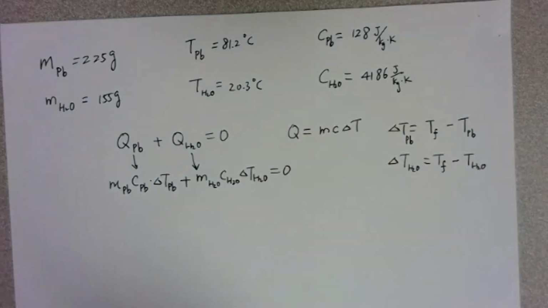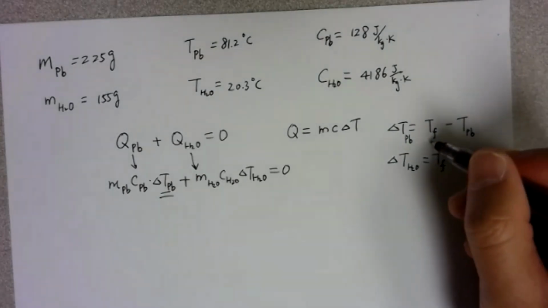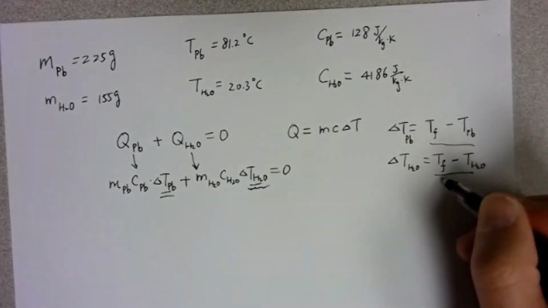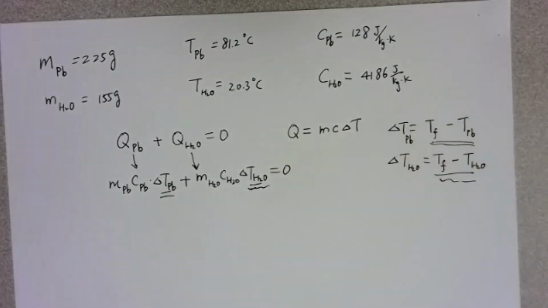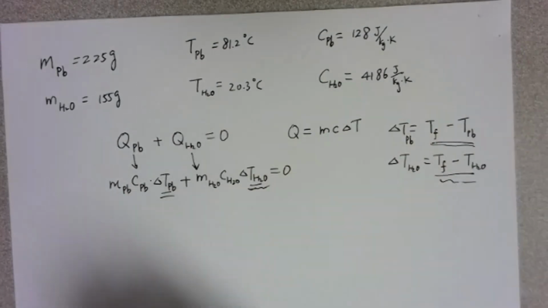The change in temperature of lead is this guy. The change in temperature of water is actually this guy. So we're going to do substitution of this one into there and then this guy into there.